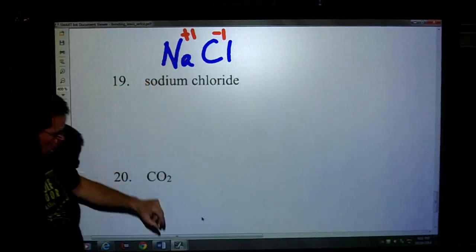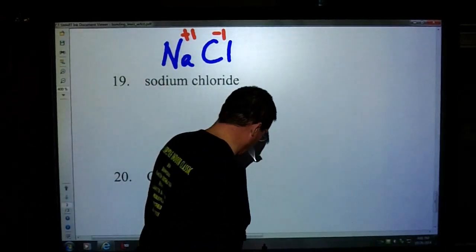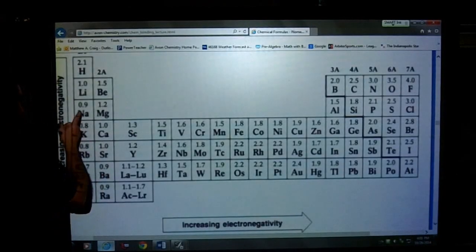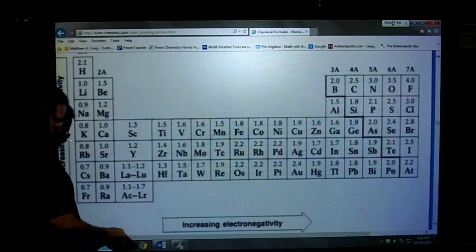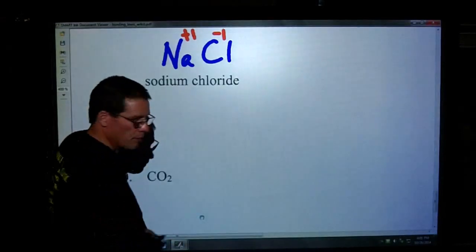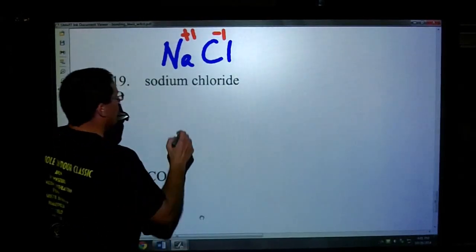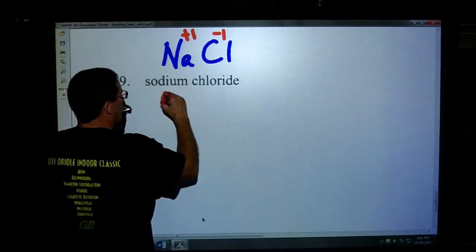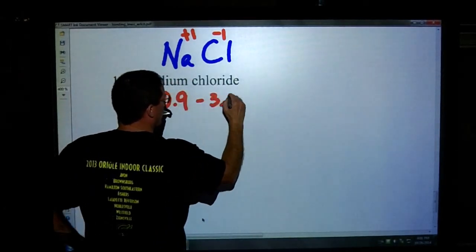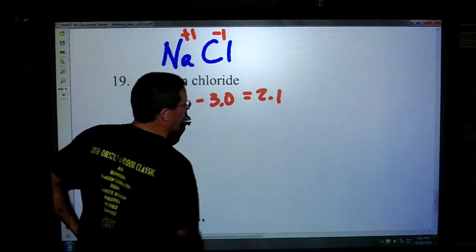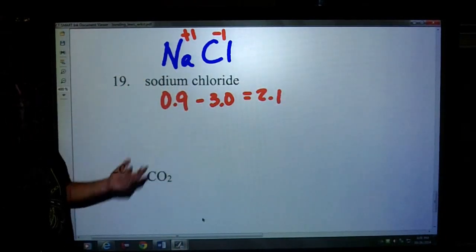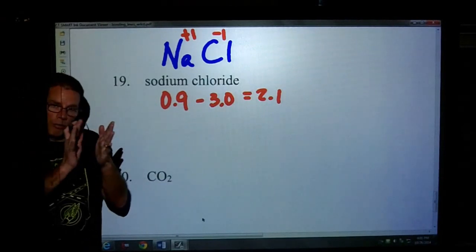Now let's go ahead and get our differences in electronegativities. So sodium has a value of 0.9, chlorine 3.0. And you should be thinking, yeah, this is going to be an ionic compound because we have full-blown charges here. So that's a difference of 2.1. Now, compare this to the boron trifluoride, which had a value of 2.0, the close proximity.